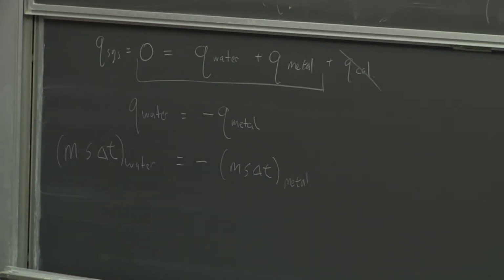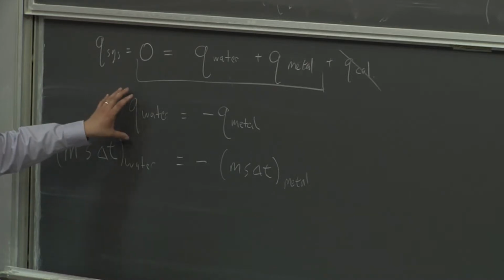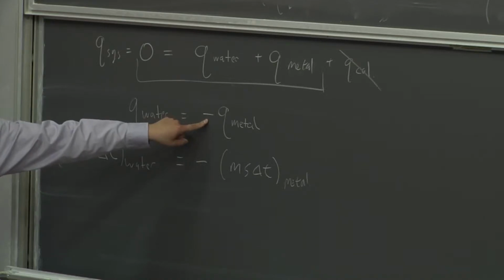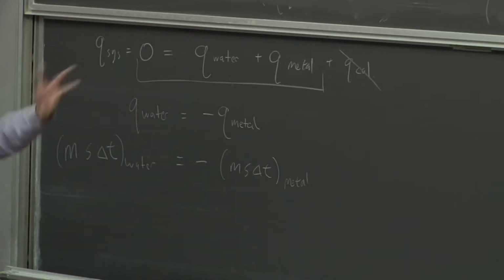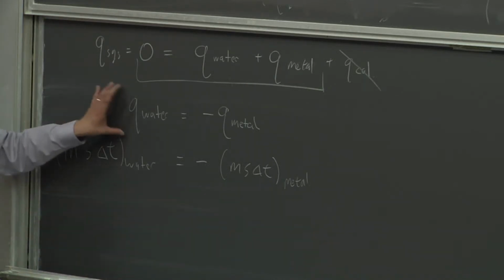This is saying whatever heat is being gained by the water, that same amount of heat is being lost by the metal. The metal, which is in this case very hot, is releasing heat, and all the heat that's being released is going into making the water hotter. This is what this is saying in English.